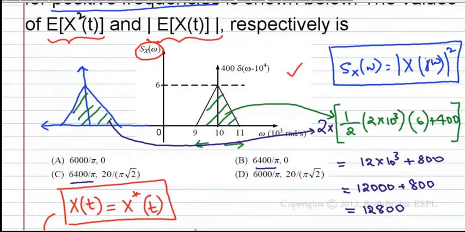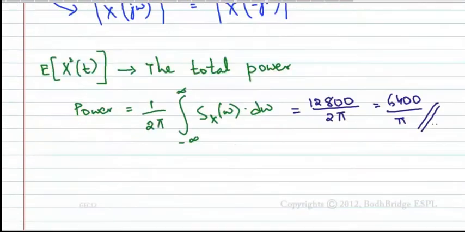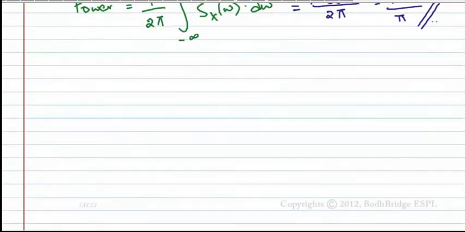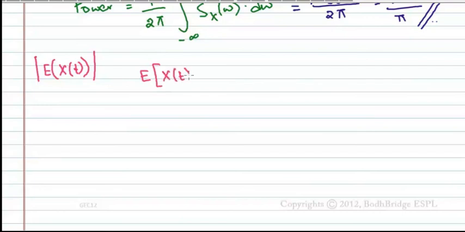Now, the second part, what he has: mod expected value of x of t. He is asking mod expected value of x of t. What is expected value of x of t? That is the mean. Mean can also be said as the DC component.